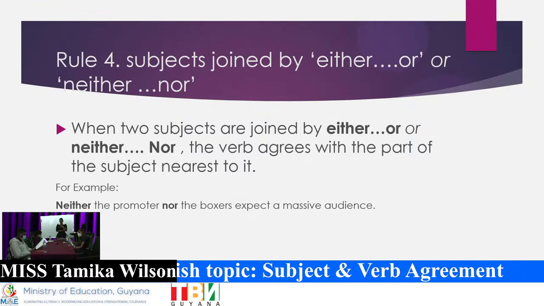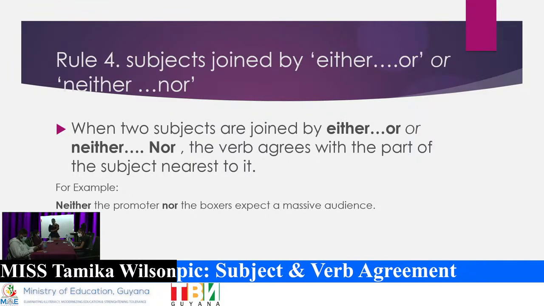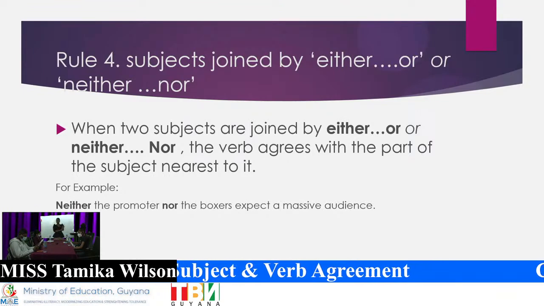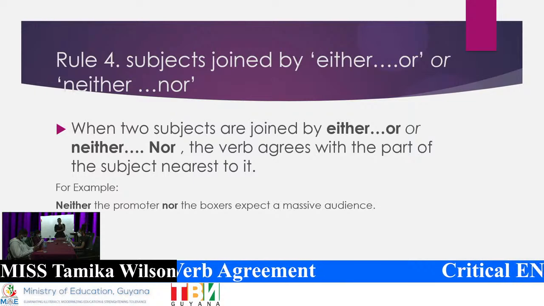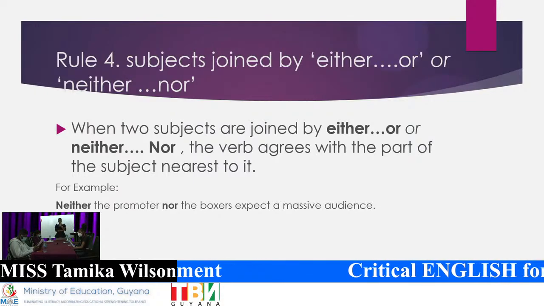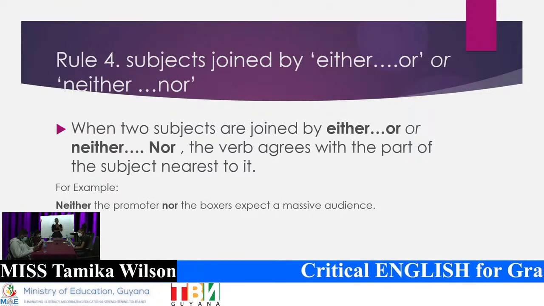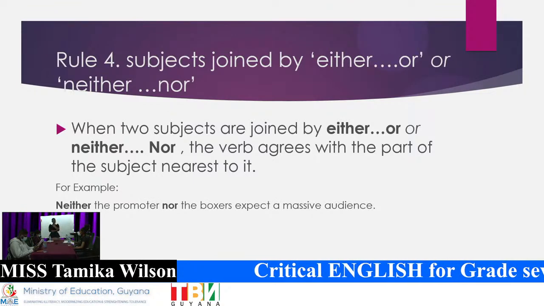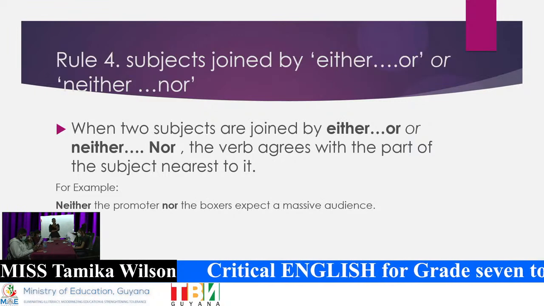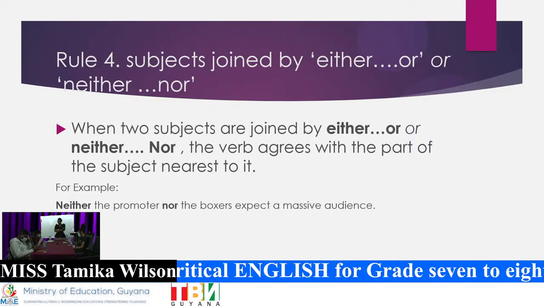Yes. And in this case, the promoter is singular, but we're not taking the promoter into consideration because that is farthest from the verb. The subject that we are considering is the one closest to the verb. And in this case, it's the boxers.